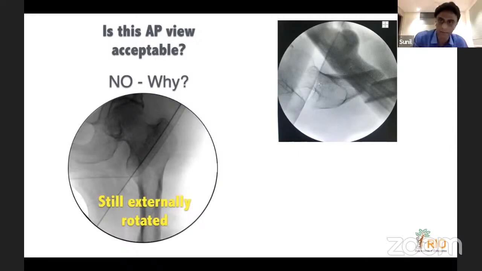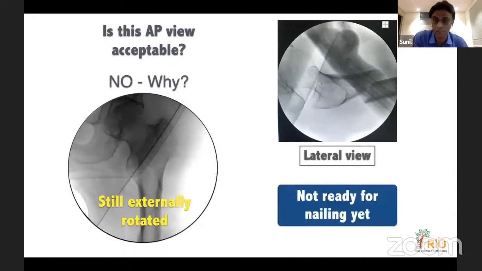And if you look at the lateral, it looks off. So definitely on both views, it is not ready to start your nailing process. So what do we do? We can go ahead and do minimally invasive reduction techniques to get your reduction right.